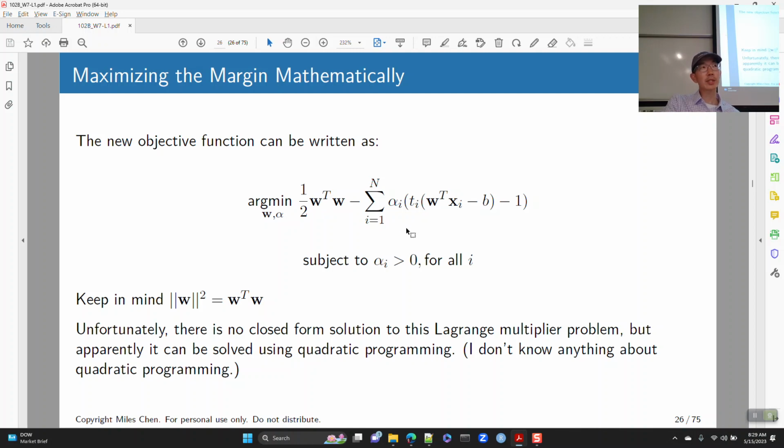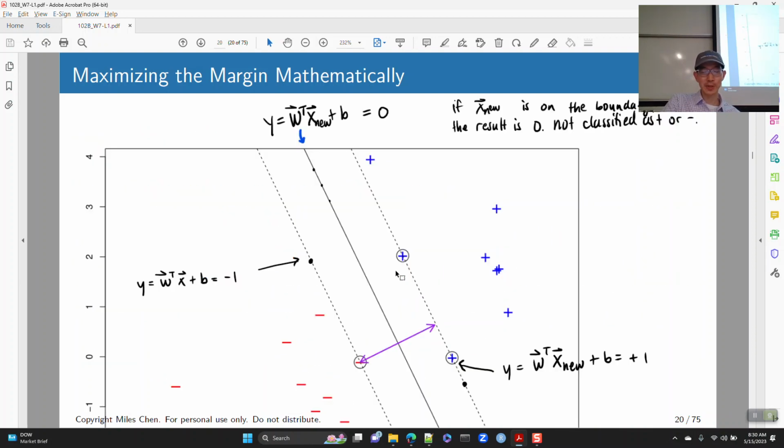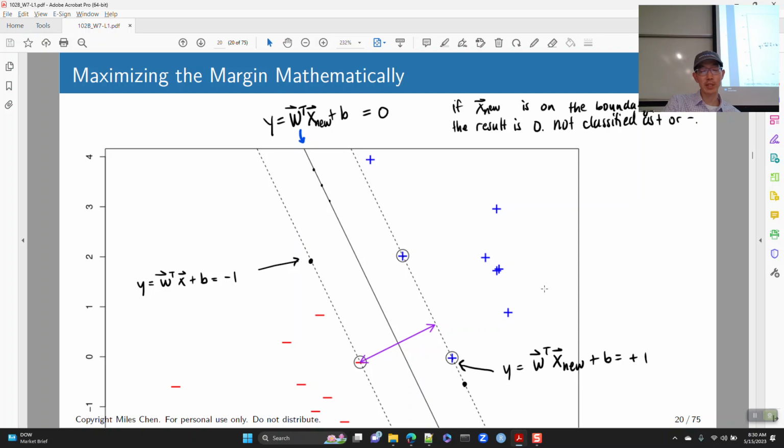A lot of what it comes down to is which of these constraints can we ignore? Really, these three support vectors are the only things that actually matter. The other ones will get classified, but it really comes down to the three points that end up here.